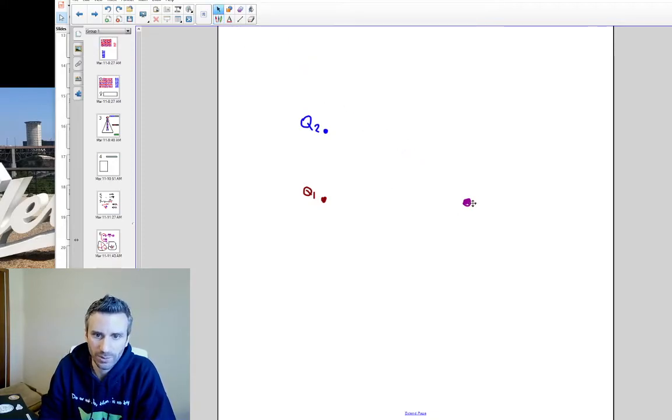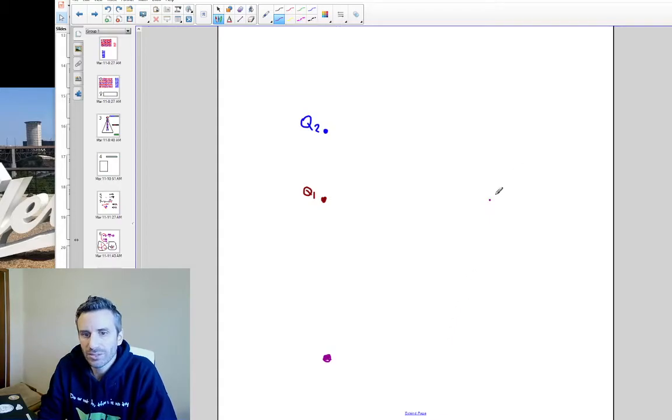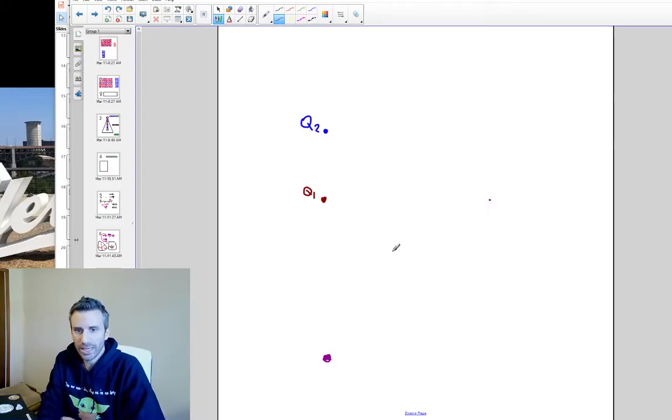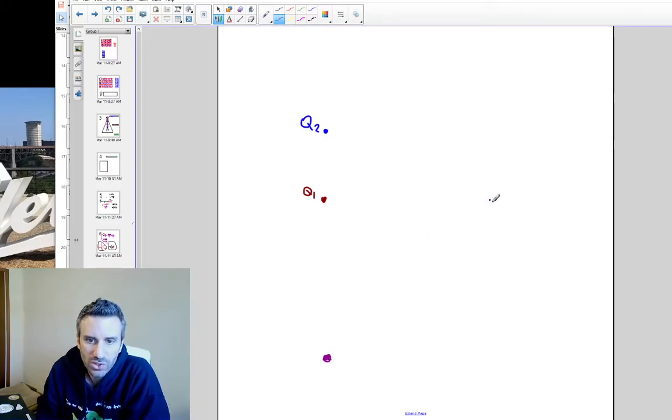So in fact, let me just kind of take this charge away, and I'm going to put like a little tiny dot in its same spot, right there. And that little dot just represents a location, not an actual object. So at that location, how much force would there be on some other random charge if I were to put it there?